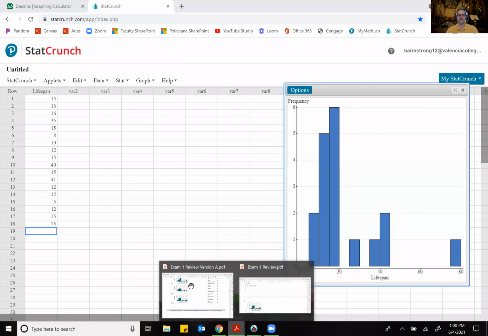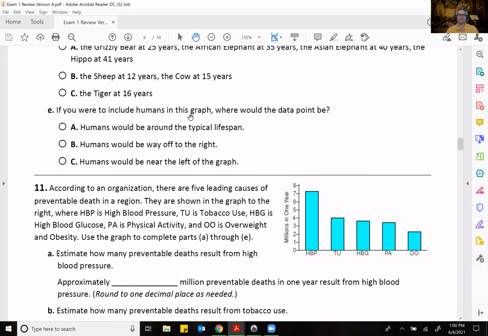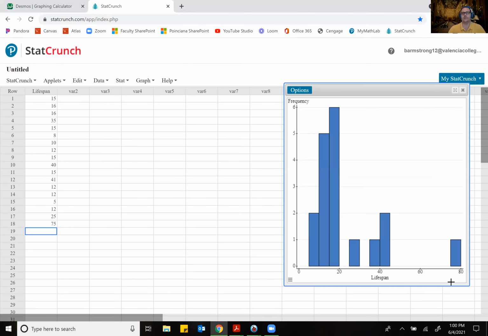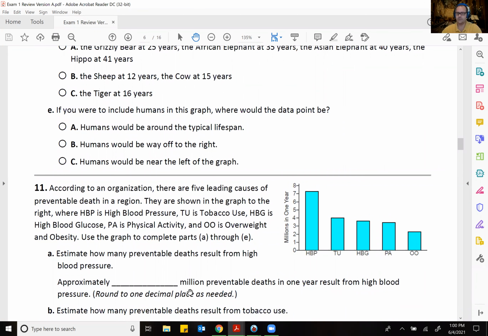So if I go back into this for part E, what does that do to us? Are humans typical? Are we way off to the right, or will we be near the left of the graph? Yeah, we're way off to the right over here. We're a huge outlier. So there we go. Part E is B.